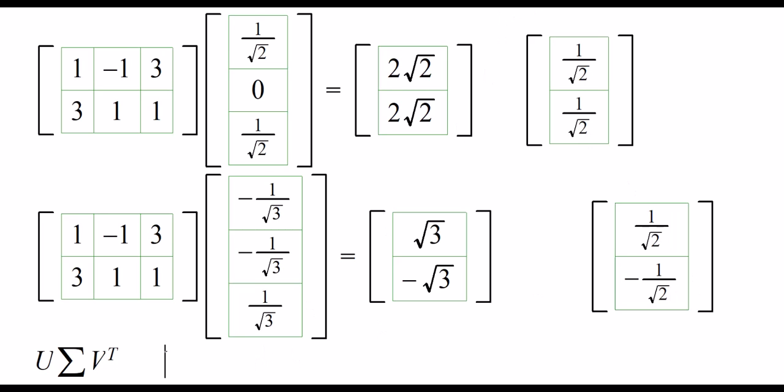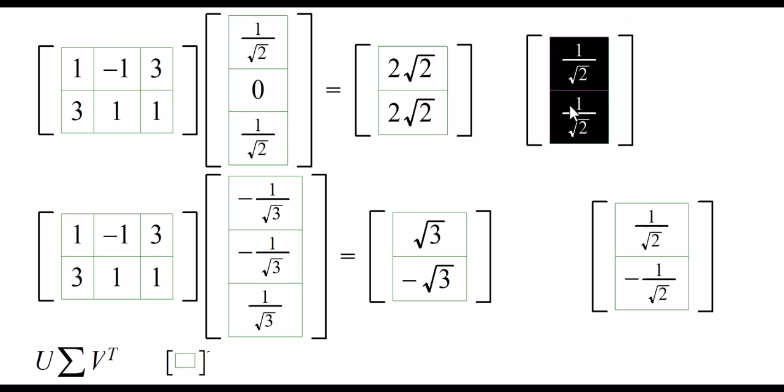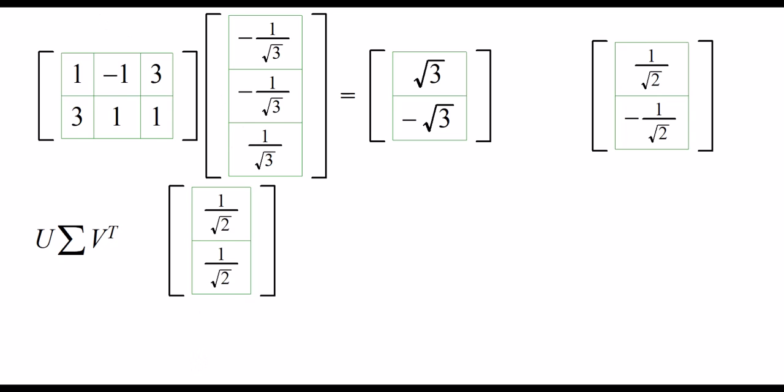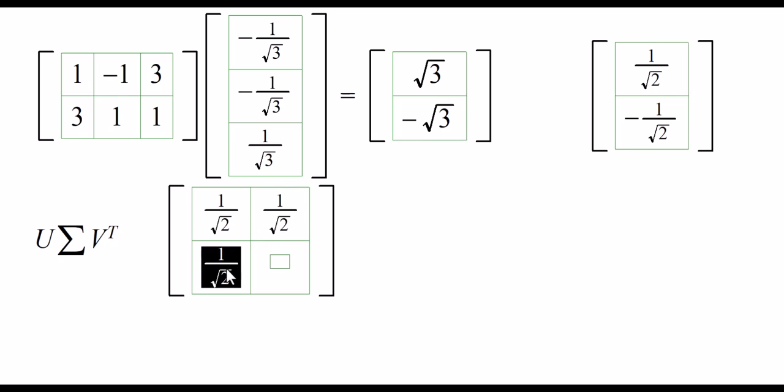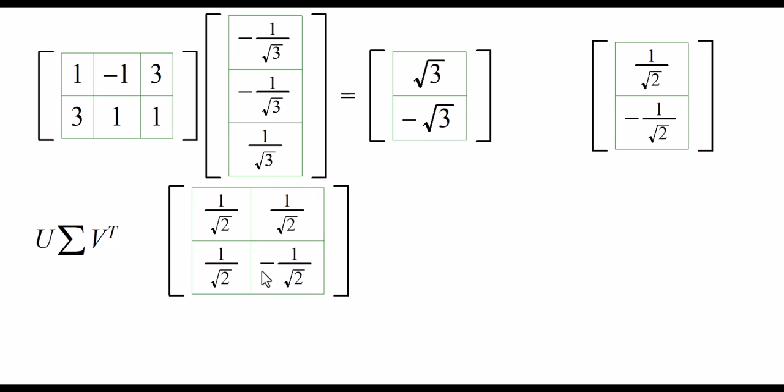Okay, so here we are. So this is our first column. All right, and then let me put the second column right here. So first vector is the same, and second one is the same with just a negative sign here. So I will write negative.